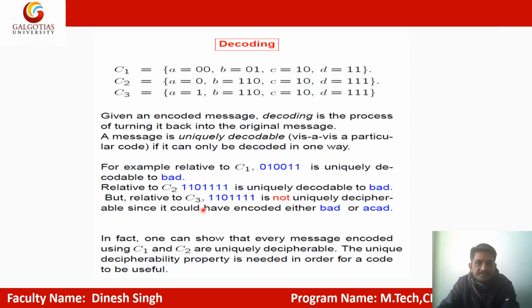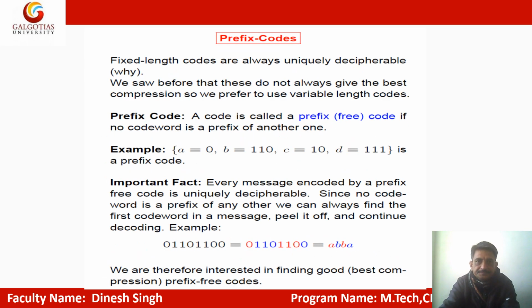But related to C3, 1101 11 is not uniquely decodable, since it could have encoded either BAD or ACAD. In fact, one can show that every message encoded using C1 and C2 is uniquely decipherable. The uniquely decipherable property is needed in order for a code to be useful.